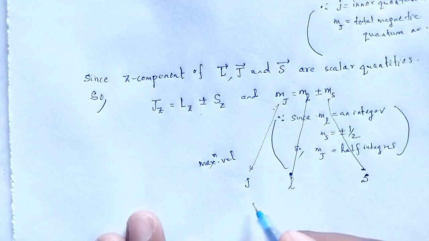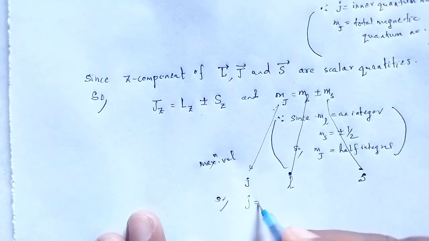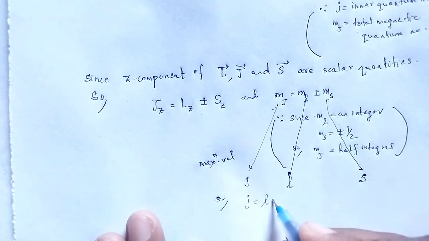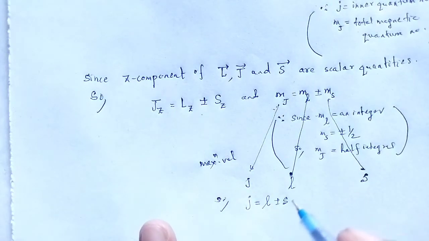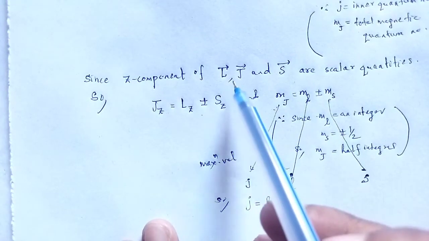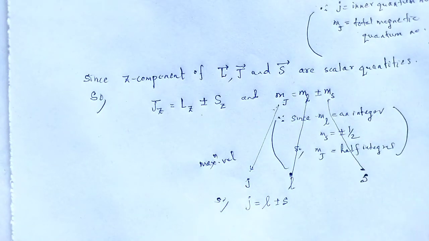Since small j is the sum of small l plus or minus small s, and the J vector, L vector and S vector are all vector quantities, they must have some specific relative orientations.